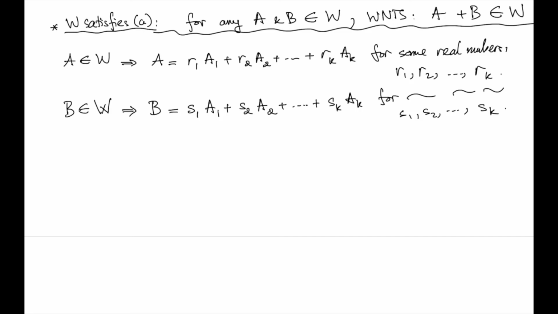Now, we have already identified how A looks like and how B looks like. Next, we are going to add them and see if the result is still in W, right? So we are going to add A and B. If you add A and B pairwise, then you can group them, because the scalar multiplication and the addition in a vector space, which is in V, the big vector space, have the distributive properties.